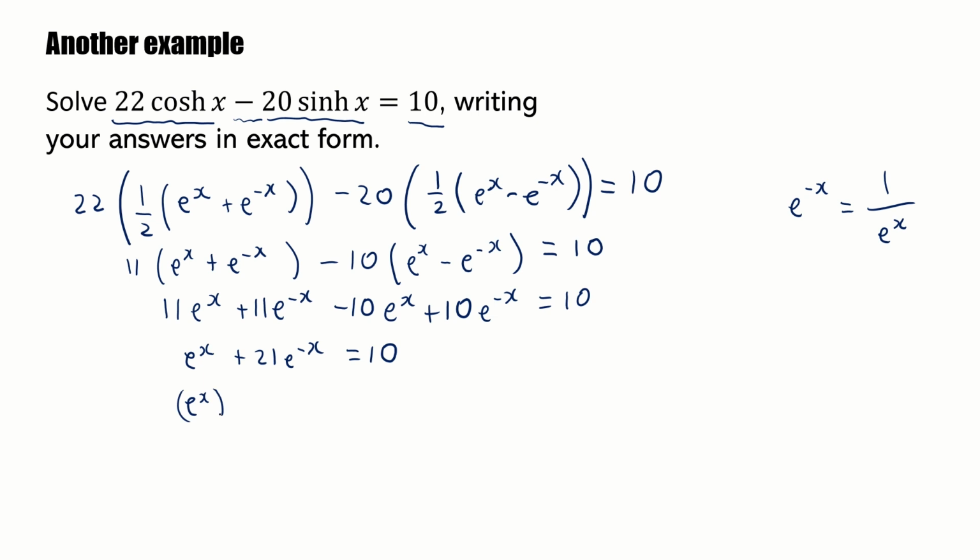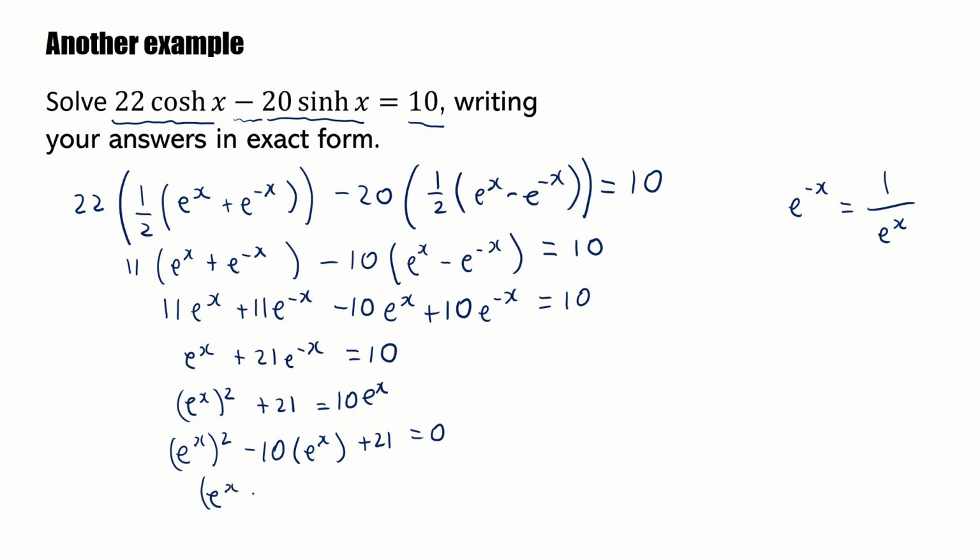If you do that, you're going to end up with a disguised quadratic in terms of e to the x. So therefore, of course, rearrange it to make it a disguised quadratic, because it's got to be equal to 0.